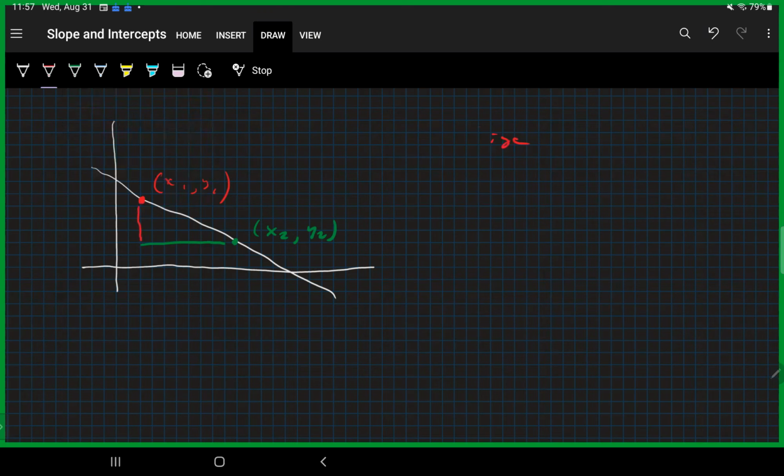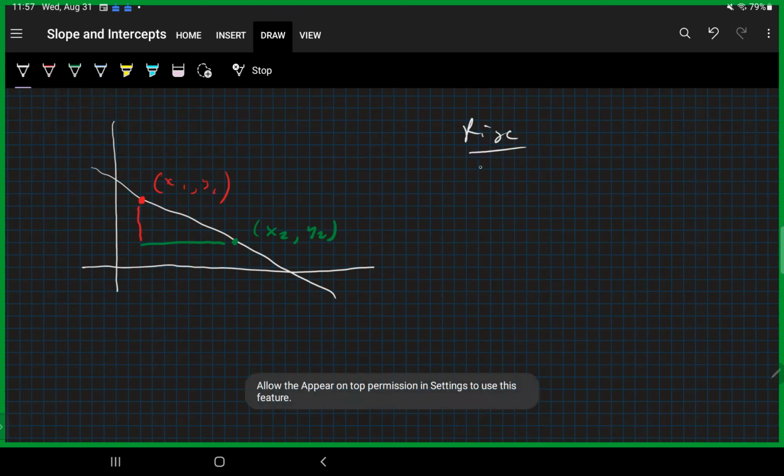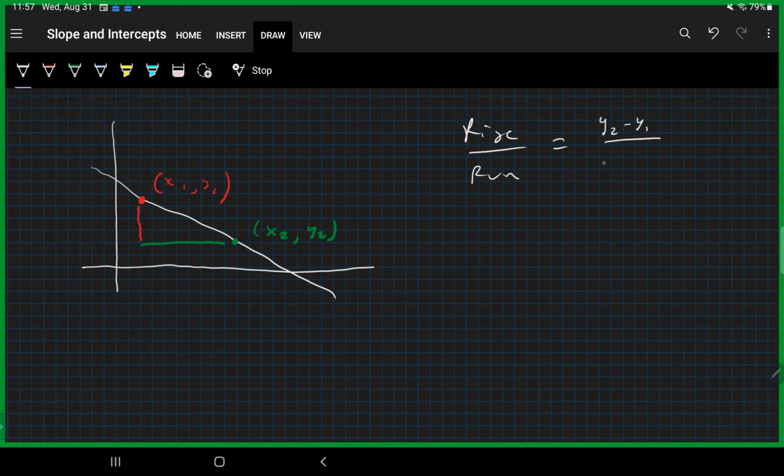And I'm just going to stick with one color here. This is going to get messy. And to compute the rise over run, we're going to take the difference in the y's over the difference in the x's.